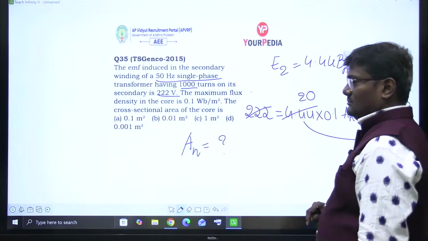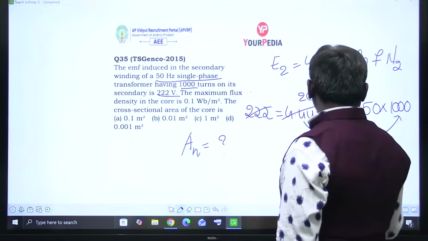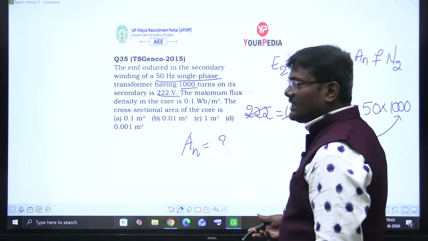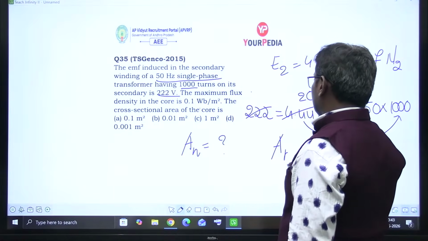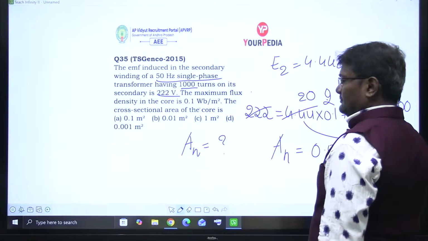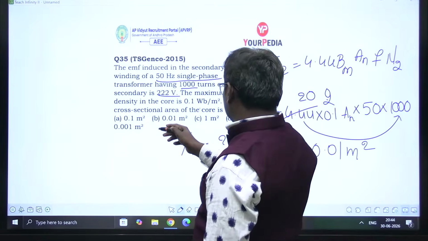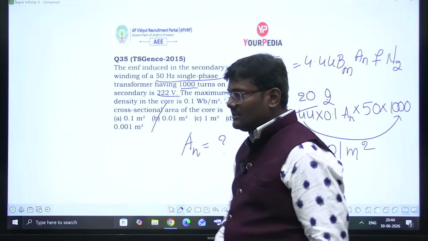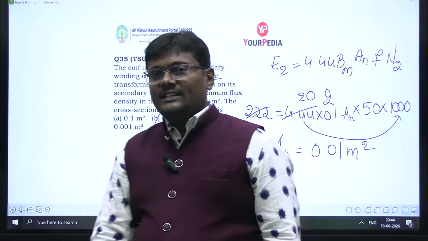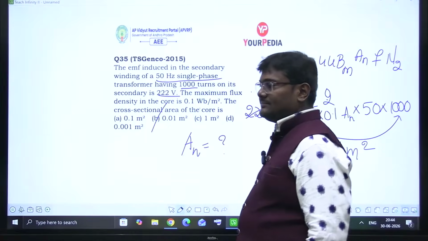So 20 times 0.1 is 2, and 2 into 50 is 100, so the area is 1 by 100. B option is correct.